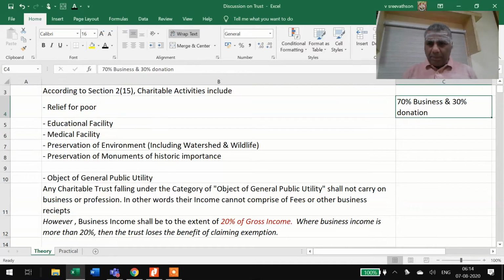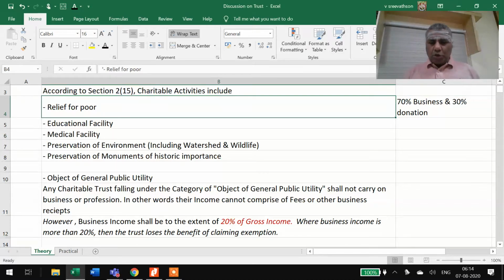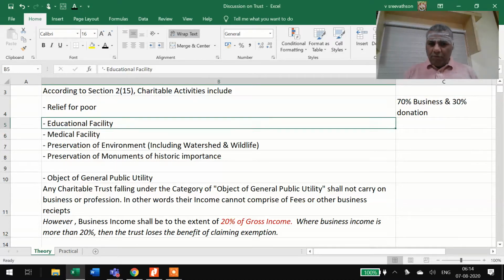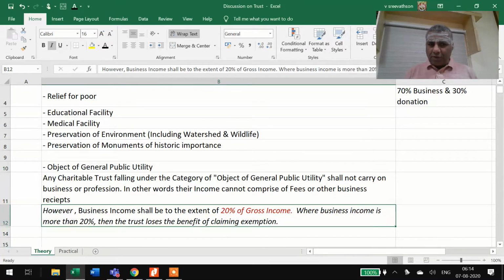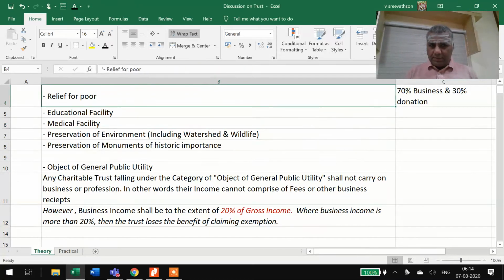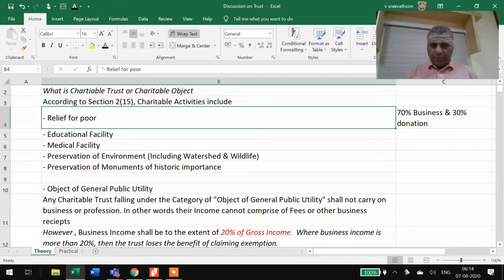When I prepare my P&L account, 70% of my income is business income and 30% is donation. So the 30% of my gross receipts is donation. Will I lose the exemption of section 11? Yes, sir.